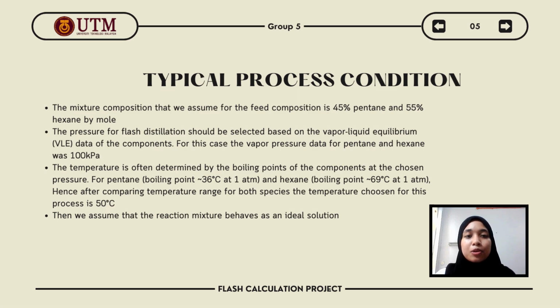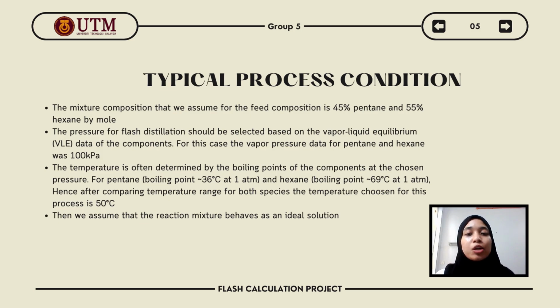For the typical process conditions, first, the mixture composition that we assume for the feed is 45% pentane and 55% hexane by mole. Second, the pressure for flash distillation should be selected based on the vapor-liquid equilibrium data of the components. For this case, the pressure is 100 kPa. Third, the temperature is often determined by the boiling point of the components at the chosen pressure.